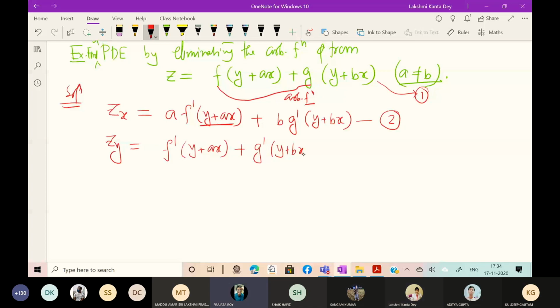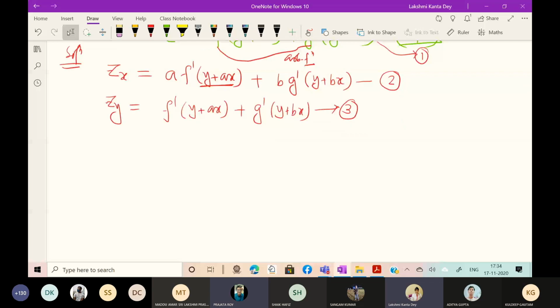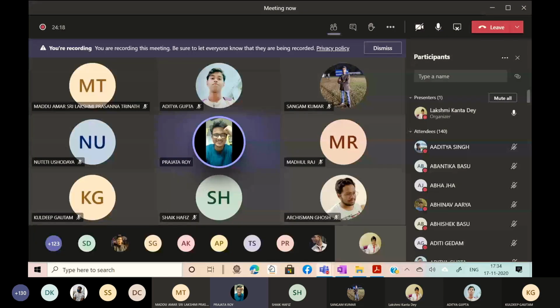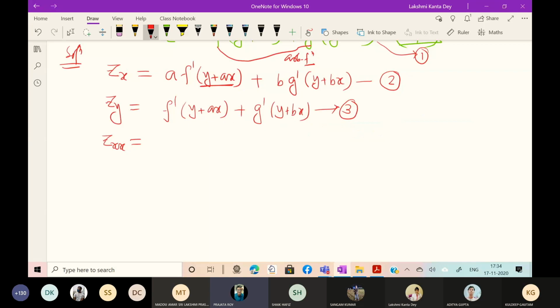Okay. What is zxx? Sir, f double dash of y plus ax, it will be a square. A square f double dash.